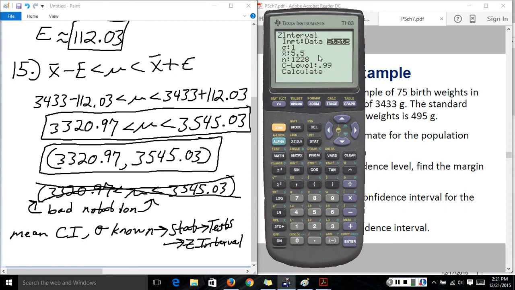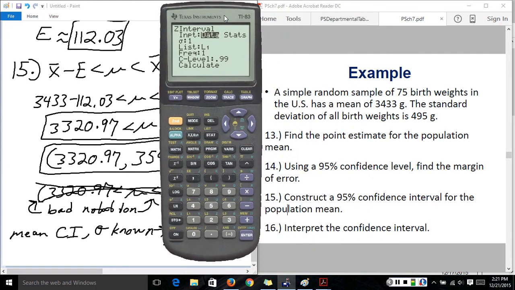Now if I have a list of birth weights instead of having the summary statistics, I would go to data and press enter, and then I would put in my population standard deviation, tell the calculator which list I'm using, use the number 1 for frequency, put in my confidence level and calculate. In this particular problem, I have summary statistics.